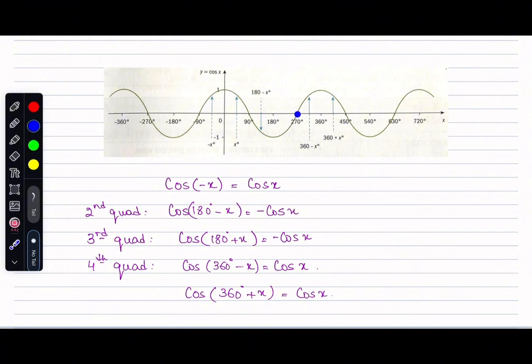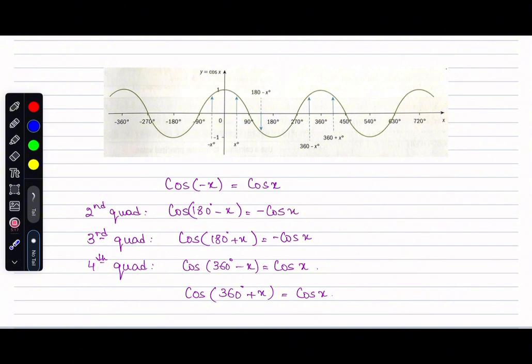From 180 degrees till 270 degrees, the third quadrant, it's cos of 180 plus x, and I can again see that all the y values for the function here are negative. Therefore, cos of 180 plus x shall be equal to negative cos of x. And in the fourth quadrant, from 270 to 360 degrees, y values are all positive, equal to what we have in 0 to 90 degrees. Therefore, I can say that cos of 360 minus x equals cos of x here.